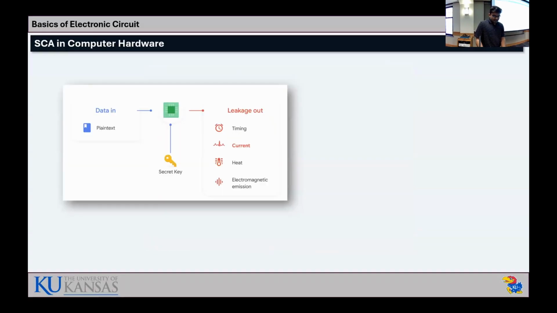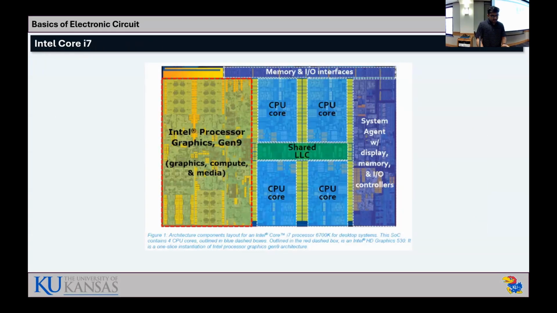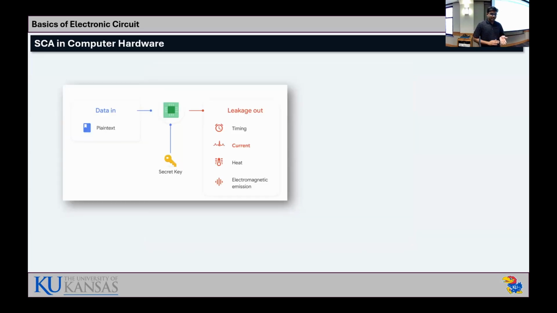And this power thing is actually also called a side channel. What is actually a side channel? Here I talked about current only, right? Current or power is basically the same thing. But there is another thing your processor can emit. What is heat, right?